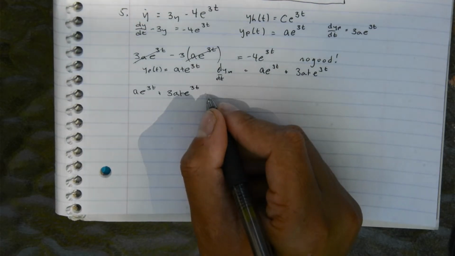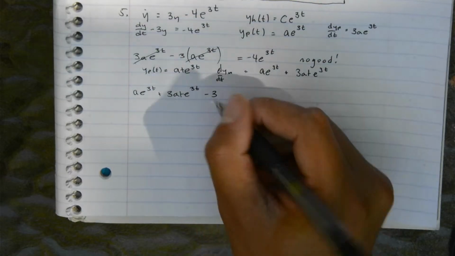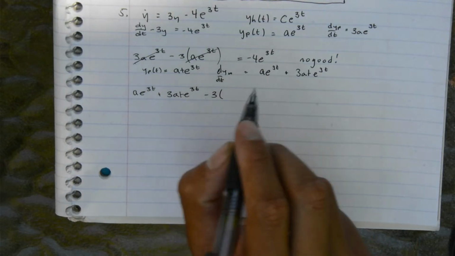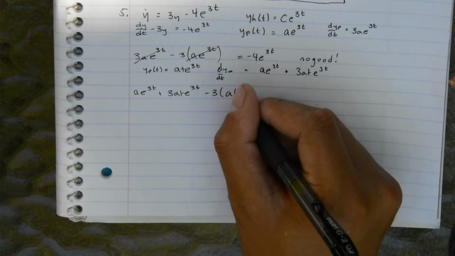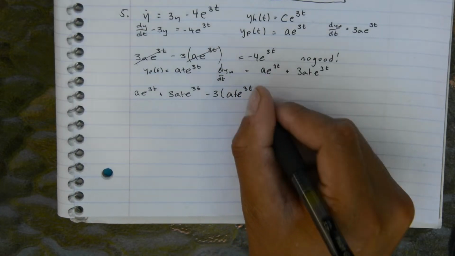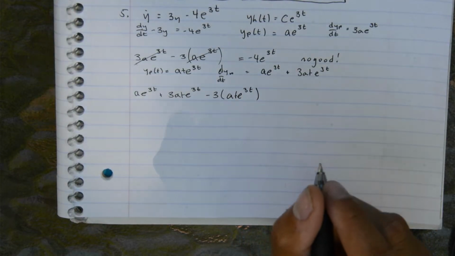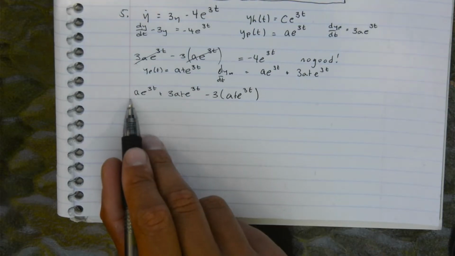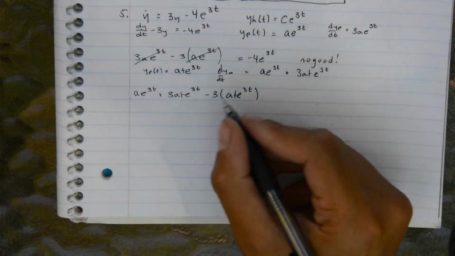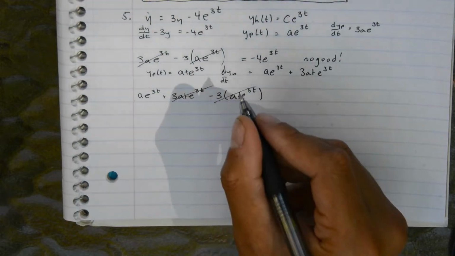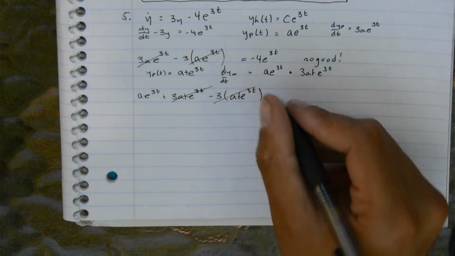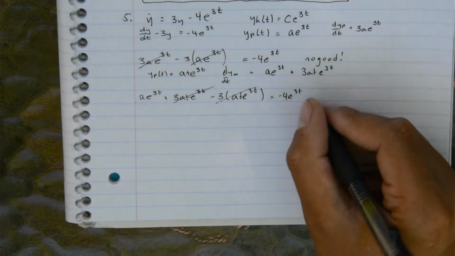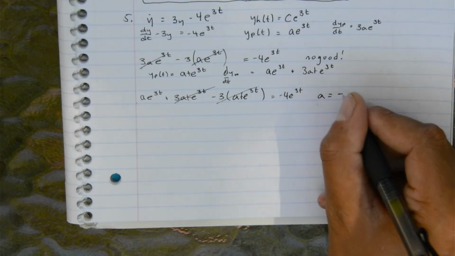And then this is going to be minus 3 times y, which is at e to the 3t. Oh, that's cool. Okay, I get it. So now we can get these to cancel out, but we get an extra guy. So see, these are still going to cancel no matter what a is. And this is equal to minus 4e to the 3t. So now we can just say a must be equal to minus 4.